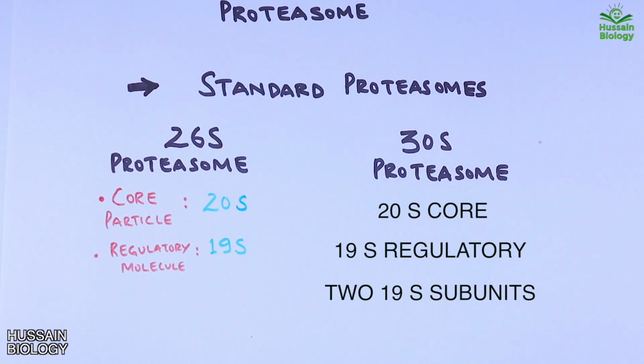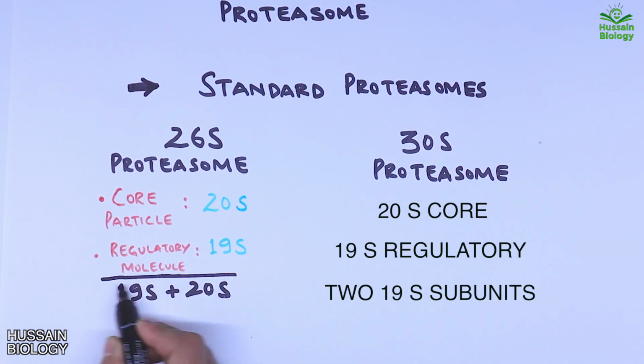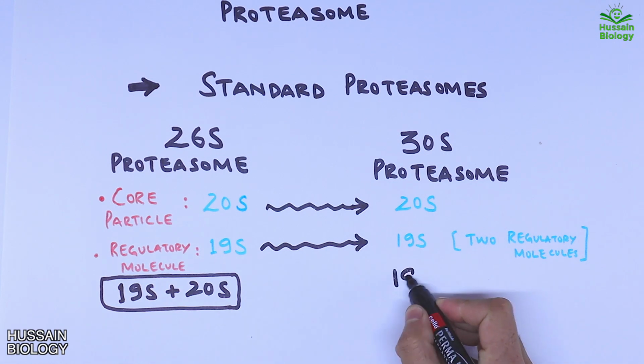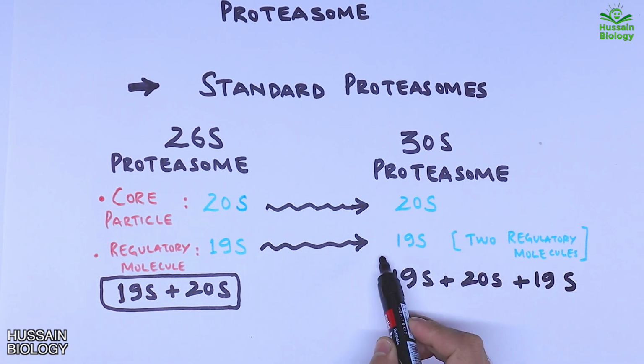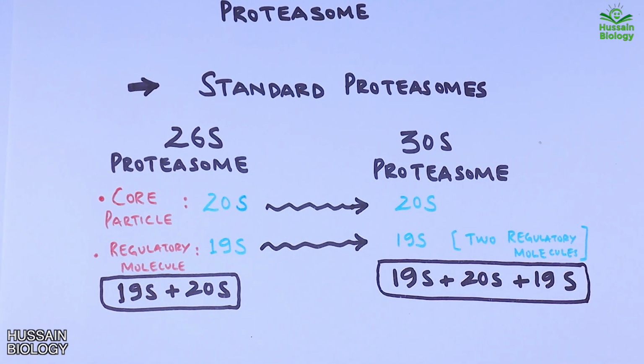So in a nutshell, we can say 26S proteasome is the 19S plus 20S, whereas the 30S proteasome is the 19S plus 20S plus 19S. But it must be noted that both forms of proteasomes are still referred to as 26S proteasome in literature. Now let's get into the structure of proteasome in detail.